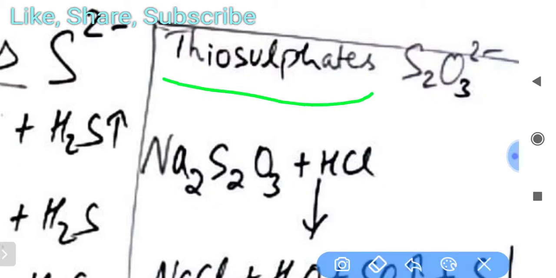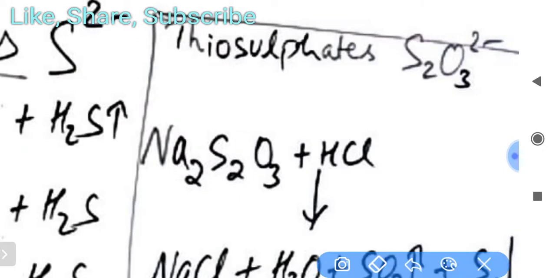You can note it down also. It is very important and can be asked in the exam: the reaction with thiosulfates. It means it reacts with S2O3 2 minus. The formula of thiosulfate is S2O3 2 minus.